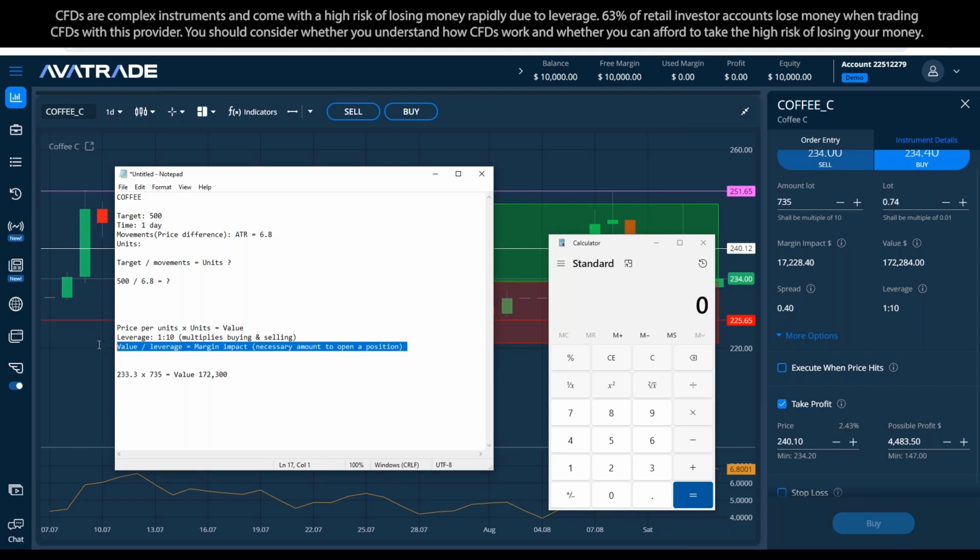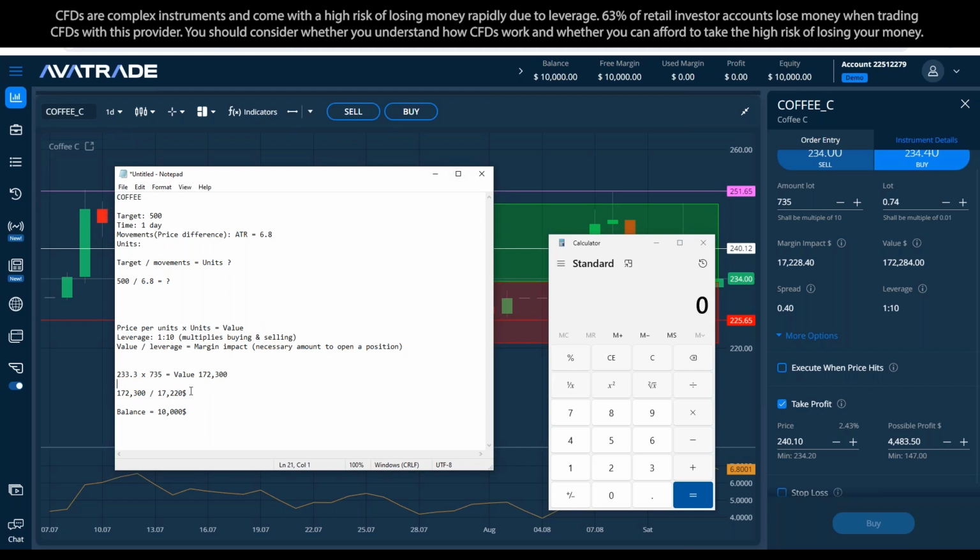Second equation is value divided by leverage, therefore 172,000 divided by 10, which brings us to 17,220. Balance is 10,000. I don't know if you saw, guys, but my balance is 10,000.